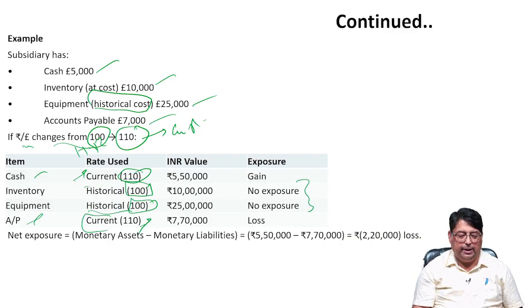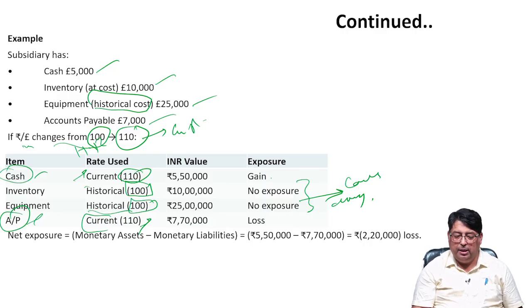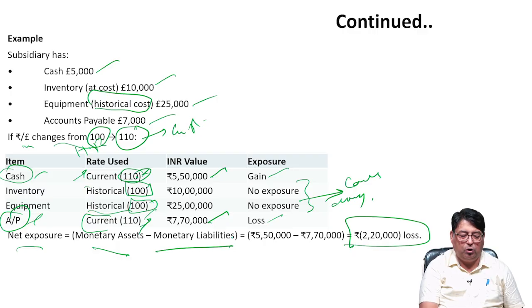So, you see in case of inventory and equipment, it will not cause any exposure because the historical exchange rate is used, but the gains or losses will be there in terms of cash and accounts payable, where gains and losses are coming because the current exchange rate is used. Now, these are the items which are convertible into the balance sheet or income statement of the parent company at the current exchange rate.